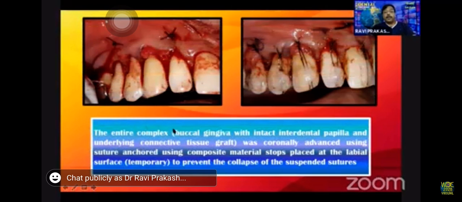The entire complex, which includes the buccal gingiva, the interdental papilla, and the connective tissue graft, was coronally advanced, meaning pulled, and an anchor suture was placed. The anchor was placed on the labial surfaces of the anterior teeth and the premolars by composite, and then the tissues were pulled and sutured for better healing and to avoid dislodgement of the graft placed.